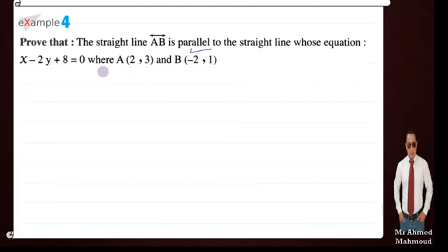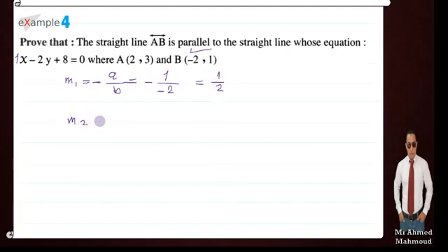I need to prove that they are parallel, so I need m1 and m2. m1 from this equation equals negative A over B. Here A equals 1 and B equals negative 2. So it will be negative 1 over negative 2, which is 1 over 2.